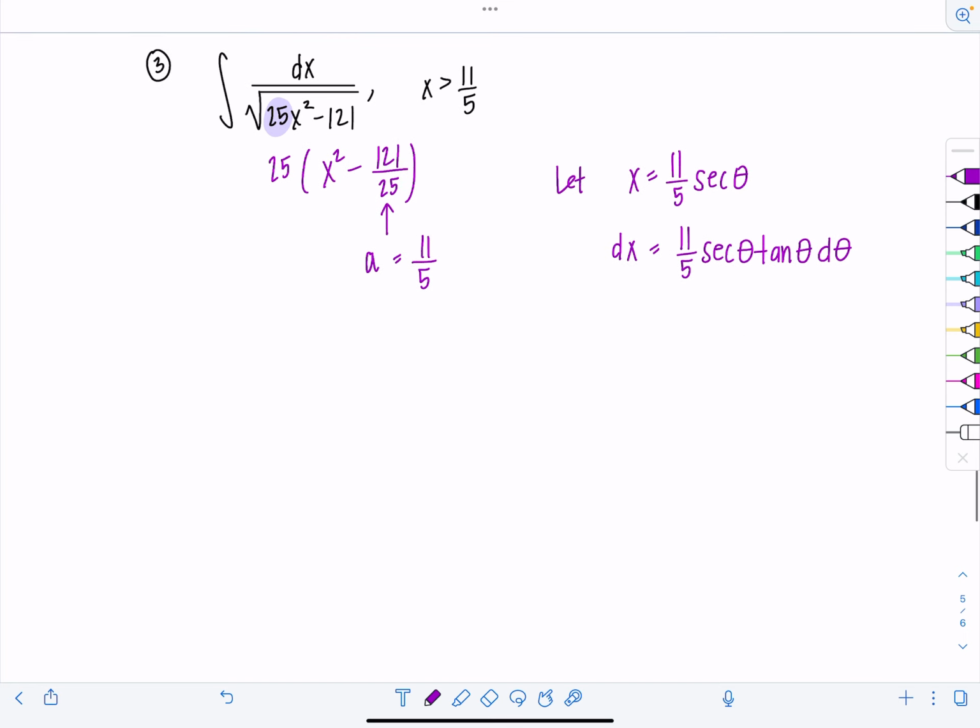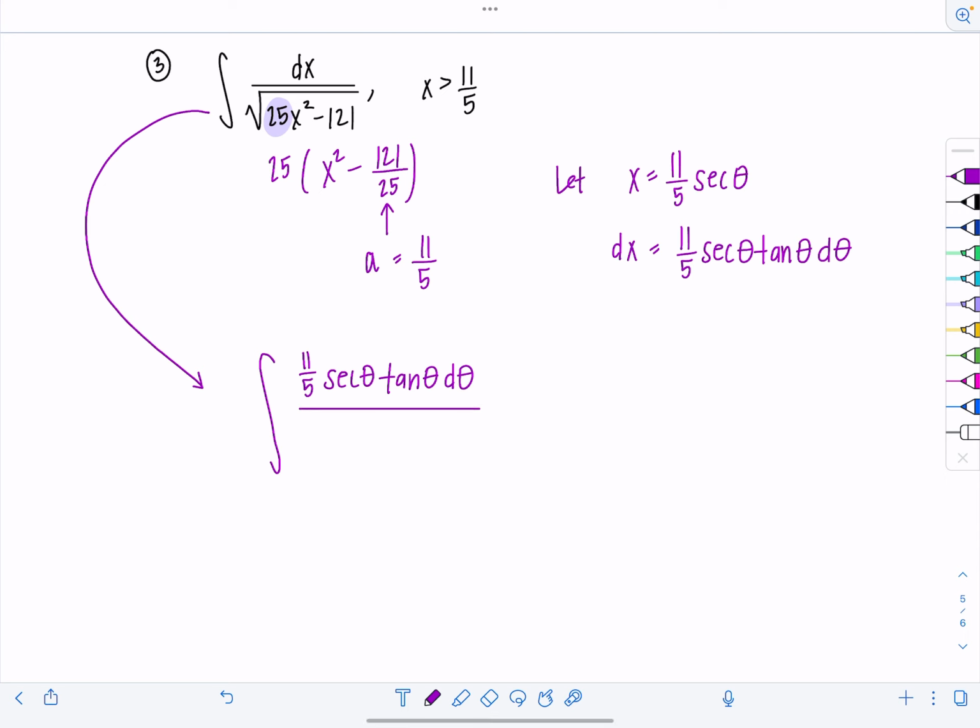Beautiful, love it. Now let's go back and substitute everything back in. So our integral is now going to be in terms of theta. Instead of dx in the numerator, I've got 11 over 5 secant theta tan theta d theta over square root 25 times x squared.